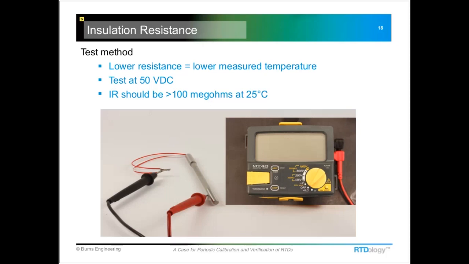And also, it's probably a higher quality check. So if the probe is even drier, with fewer contaminants inside and higher purity materials, you're going to be able to get a higher insulation resistance number. And so that's really important at the higher temperatures.